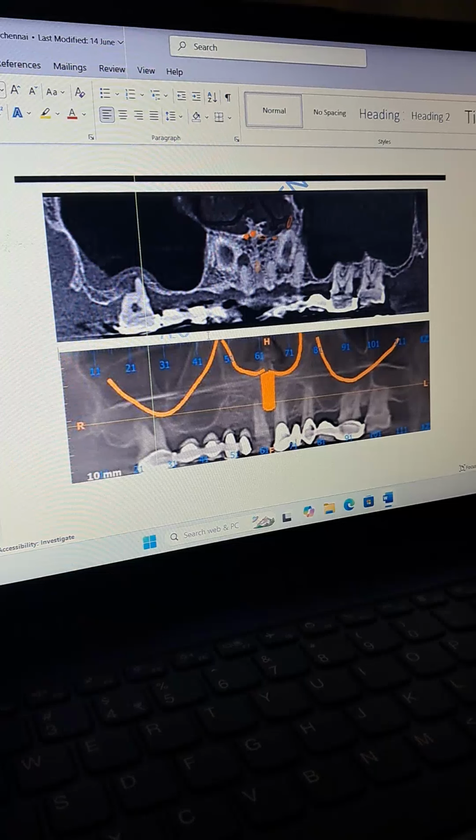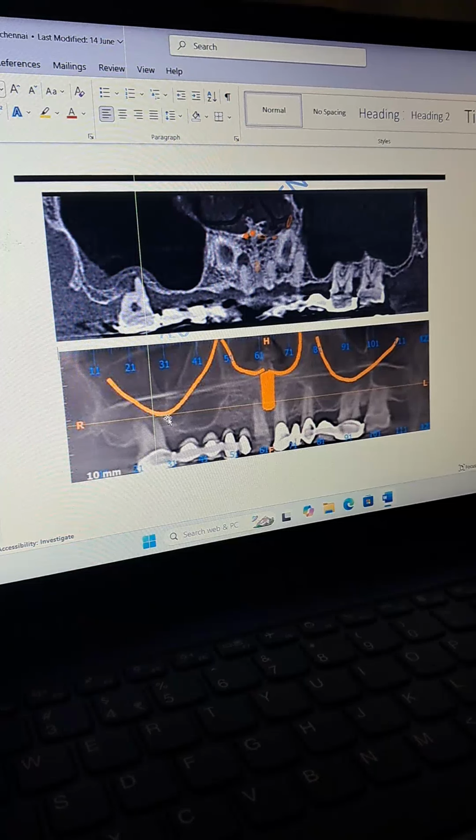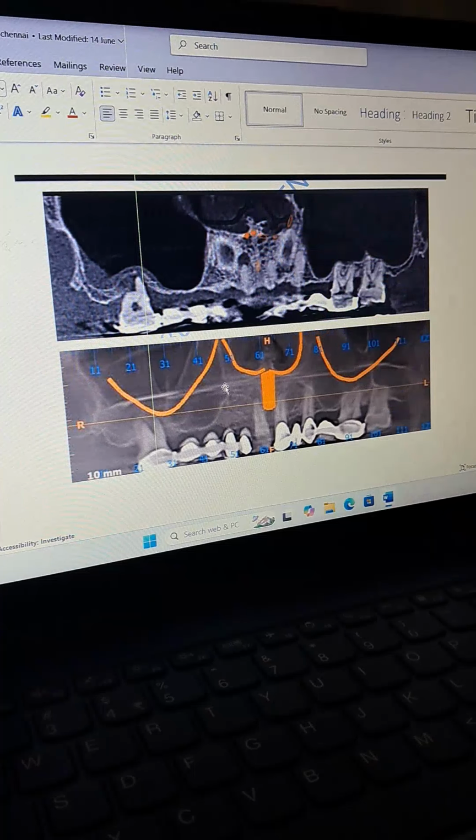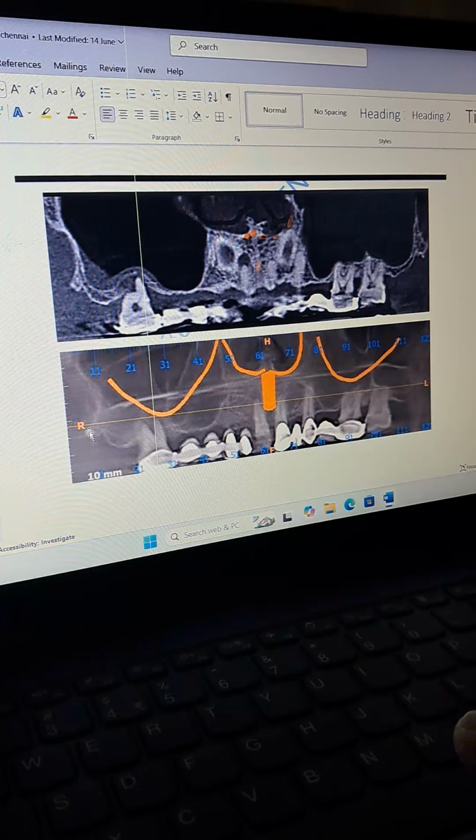Another important feature which I want to highlight in this image is this orange lining. Many times people confuse this orange lining with the sinus floor, but since you have the above image, you can make out that the sinus floor is right here.